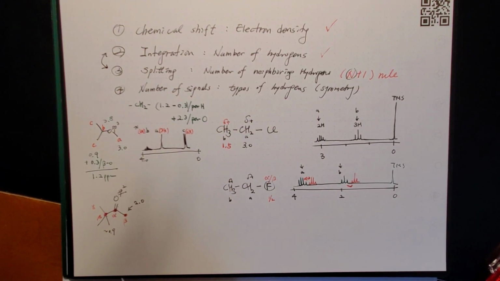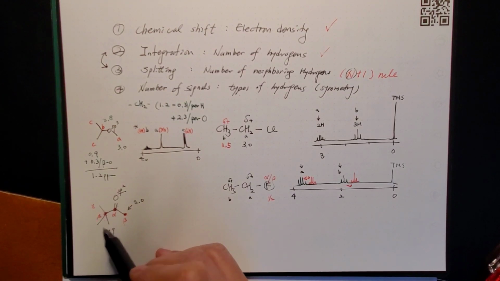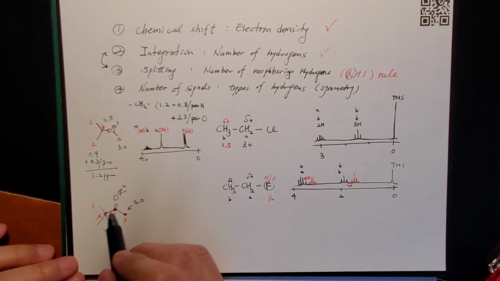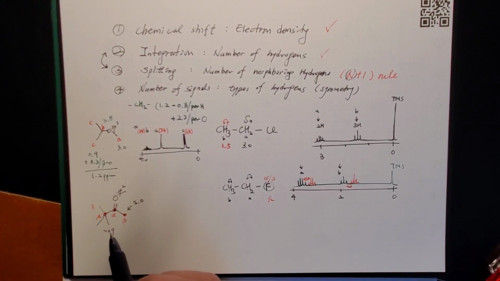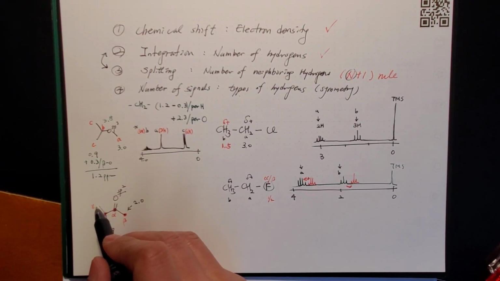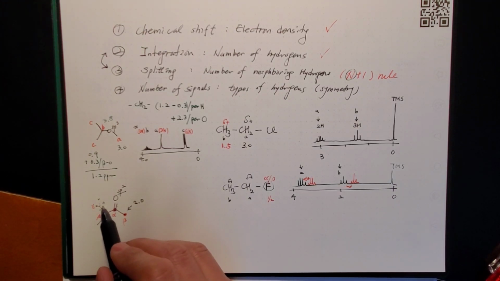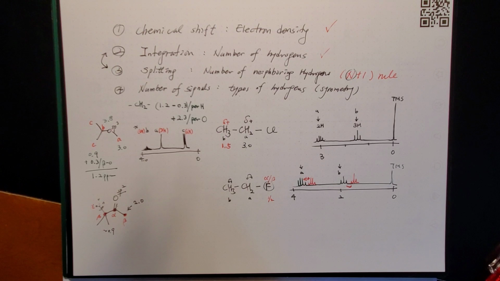Then you have found one type of hydrogen, and these three methyl groups, 9 hydrogens, they're all identical. First, as you spin around this single bond, those 3 methyl groups are interchangeable. And among those individual methyl groups, you can also have those 3 hydrogens identical as you spin around the single bond.